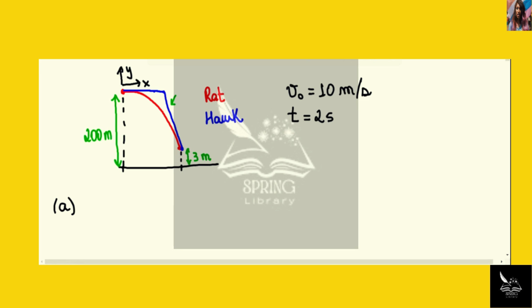Before that, we need to calculate how long the rat freely falls. So I'm going to start with calculating the time t it takes for the hawk to get the rat back.